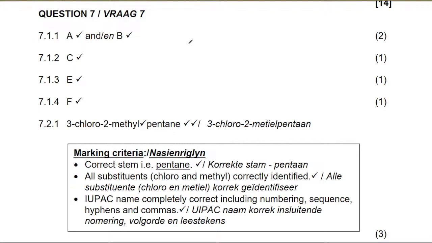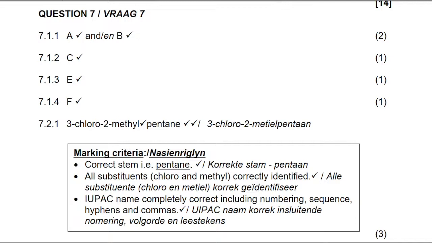So 7.2, write down the IUPAC names of the following compounds. Compound A. In carbon number 3, we have a chloro, but our numbering will start from the right-hand side because we have a methyl on carbon number 2 from the right. So carbon 1, carbon 2 has a methyl, carbon 3 has a chloro.